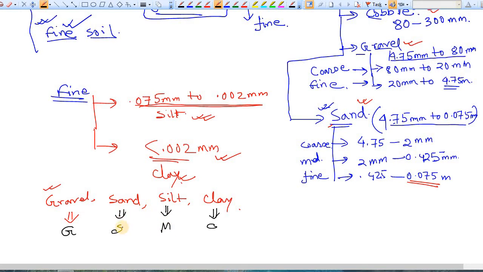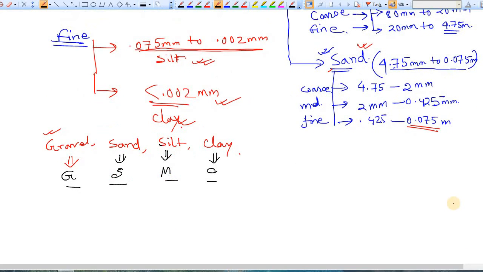Because you already have S for sand, that's why M is used for denoting silt. These are the symbols for all these types of soil. Now you have the size and also the symbol to define the soil.